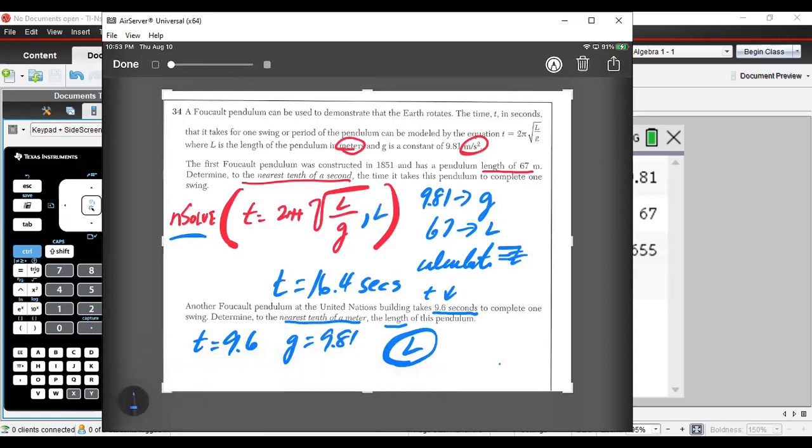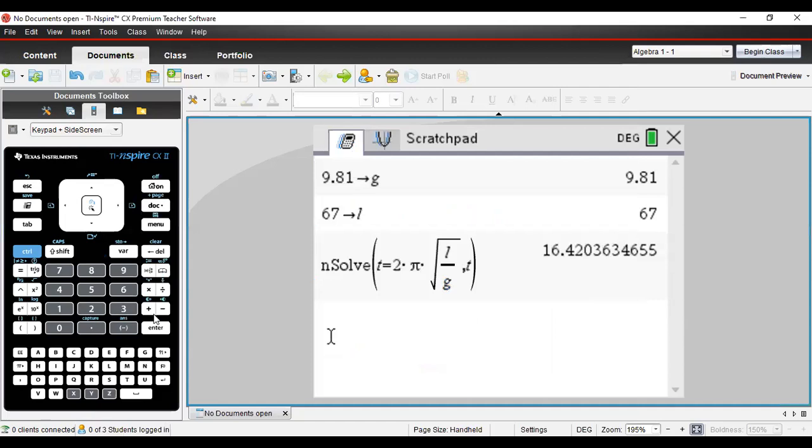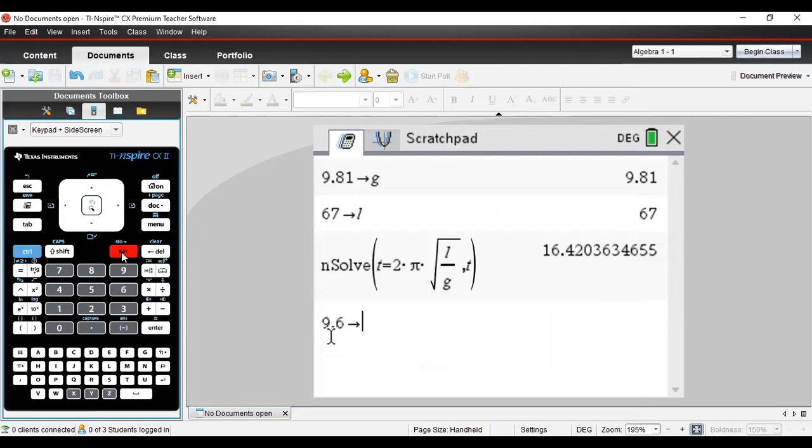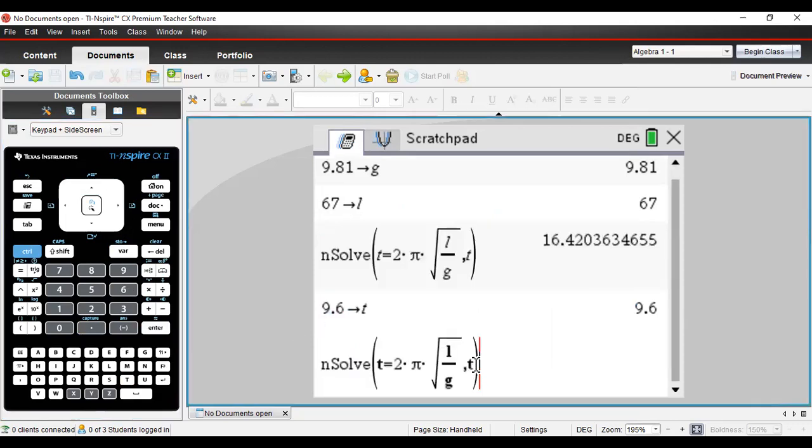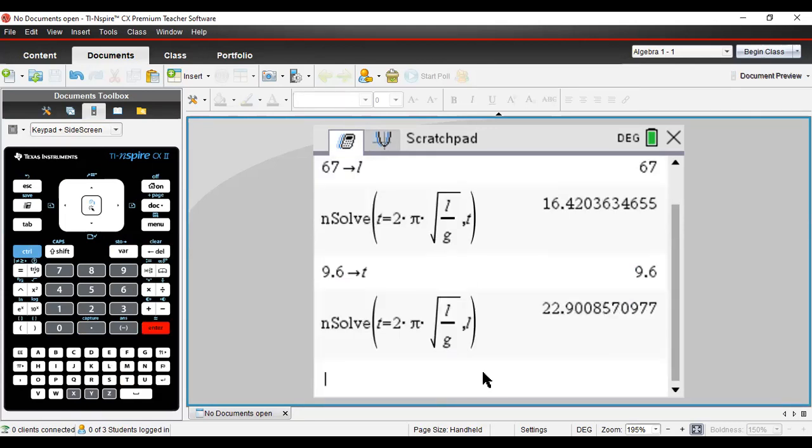So let's go to the calculator and store the numbers. The time is 9.6. We're going to store that into T. And then watch what I do. I'm going to go up here, copy this, and just replace the T with an L, and then I press enter.